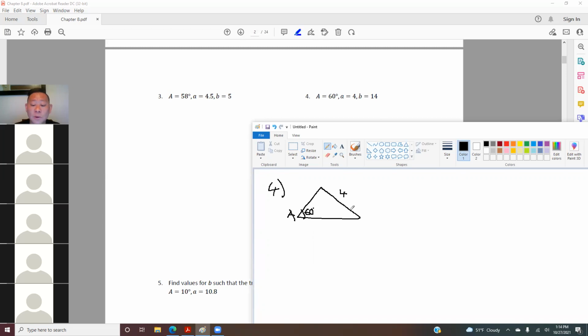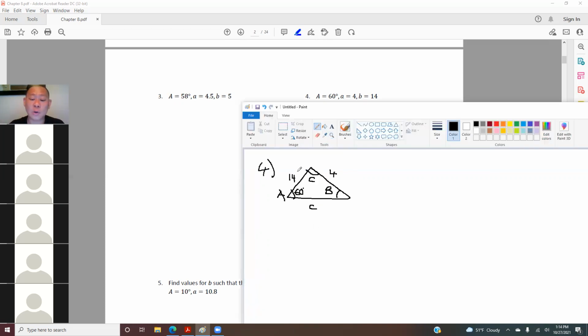Now I'm going to use this as your B, and right across B here is 14. Again, class, if you switch around, it's fine. Make sure you know how to draw this correctly. If I switch ABC around, my sides will be switched around a little bit, but no matter what you do, your answer is the same.